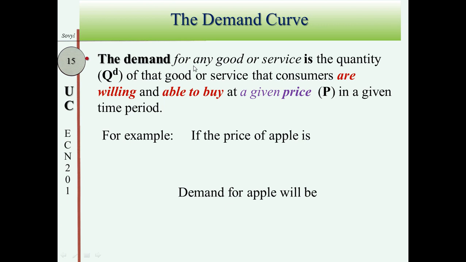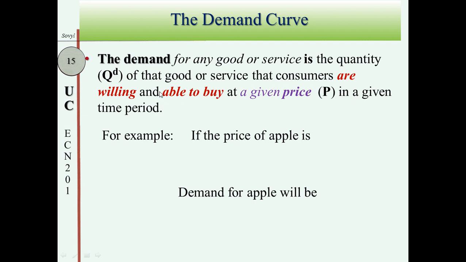The demand for any good or service is the quantity of that good or that service that consumers are willing and able to buy at a given price in a given period of time. So this is the definition of demand.